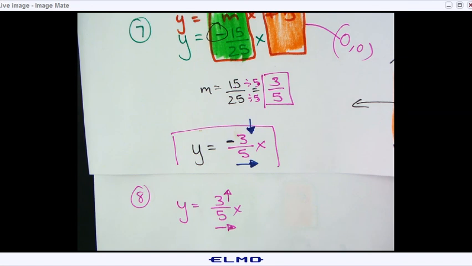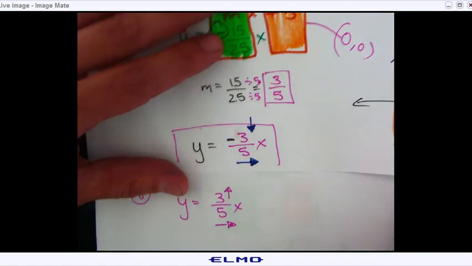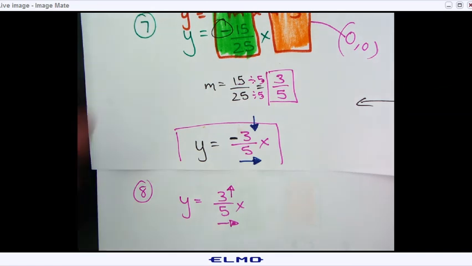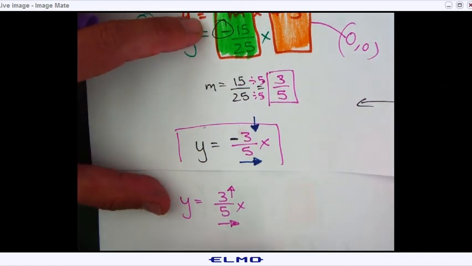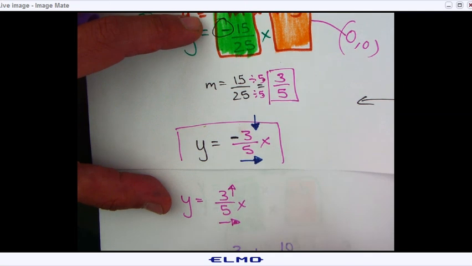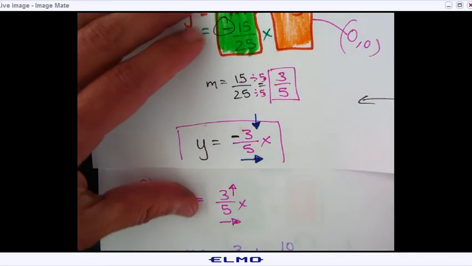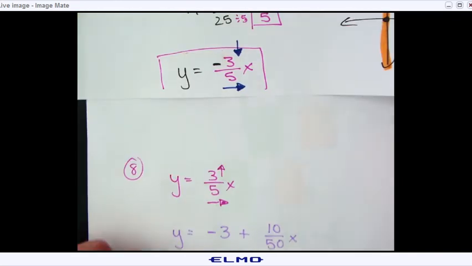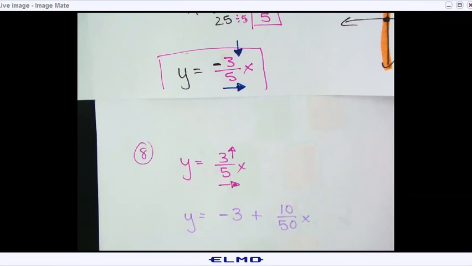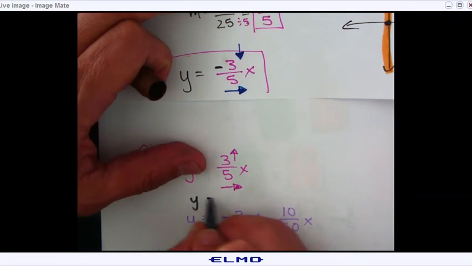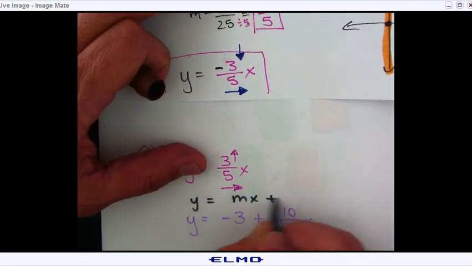Now number 9 is a little tricky, all right? So number 9, it's y is equal to negative 3 plus 10 over 50x. Okay? Negative 3 plus 10 over 50x. Now, can you graph it? Y is equal to mx plus b.